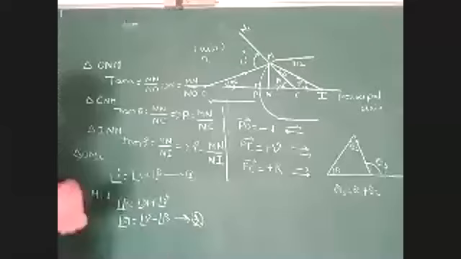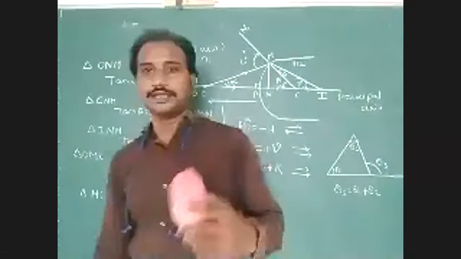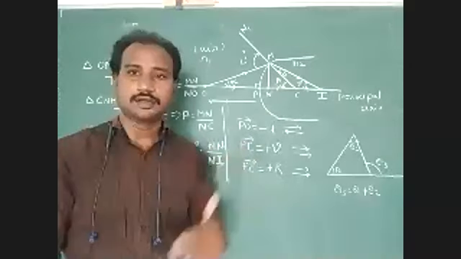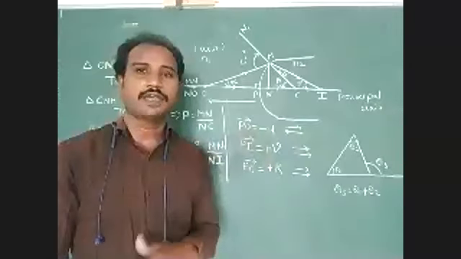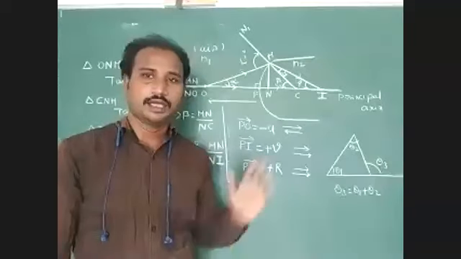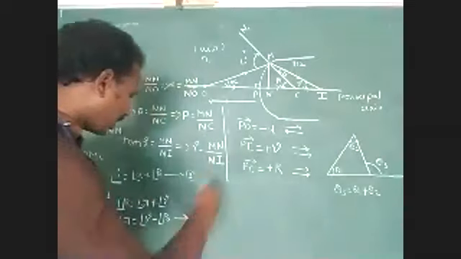Next, we have to discuss Snell's law. What is Snell's law? The ratio of the sine of the angle of incidence to the sine of the angle of refraction is always constant. That constant value represents the refractive index.